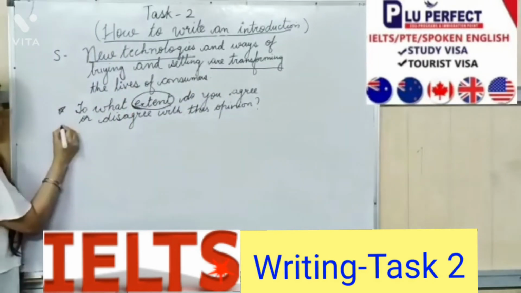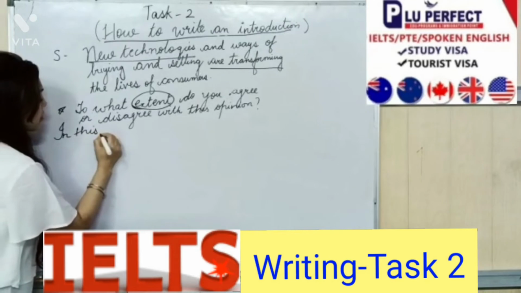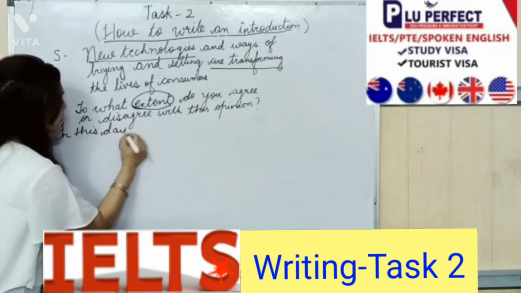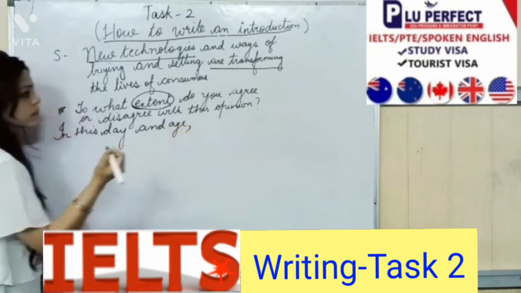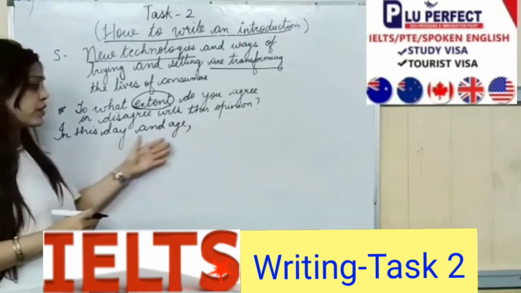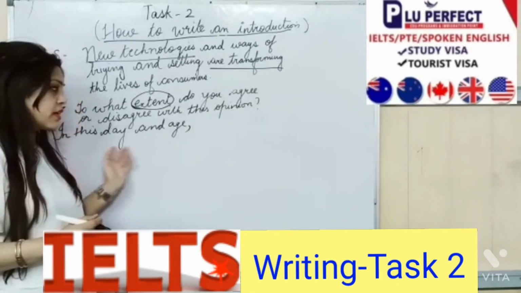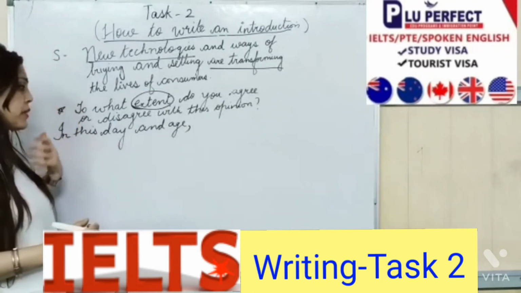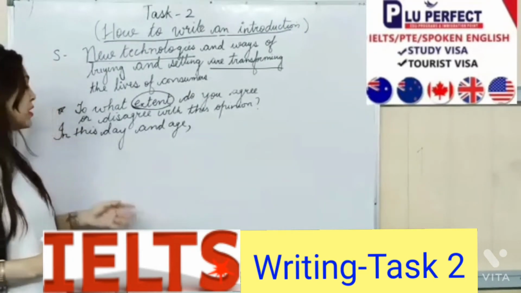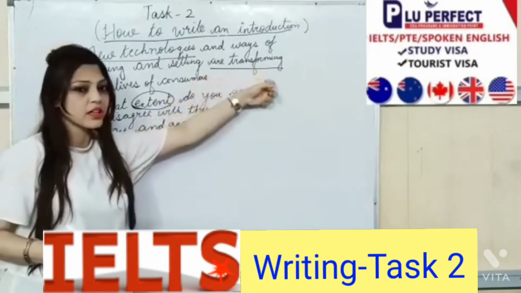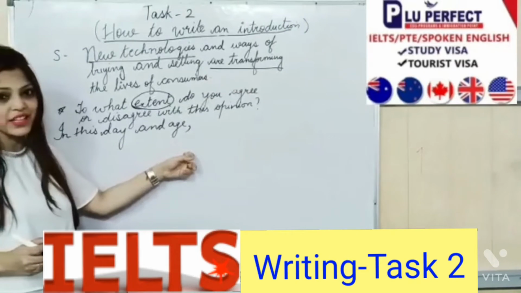We can start by writing, in this day and age. You can also write in the 21st century, in the present era, in the modern era. But compared to nowadays and modern era, this looks much better. So, since it is in present continuous tense, I can certainly use the phrase in this day and age.